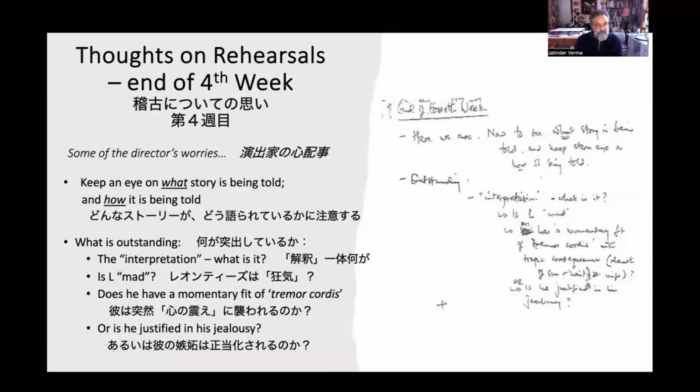And amongst my thoughts was the interpretation. What exactly is the interpretation? Is it that Leontes is mad? Or is it that he has a momentary fit of what he calls tremor cordis, from which he can no longer then, having had that fit, withdraw?